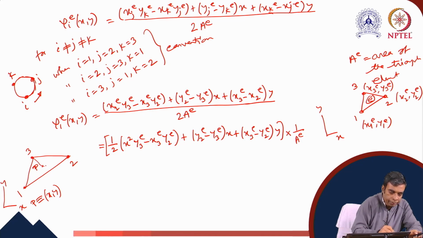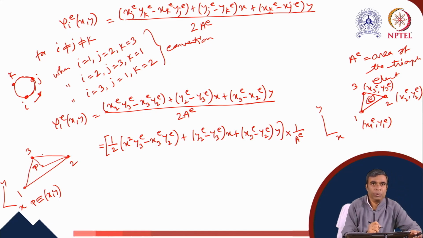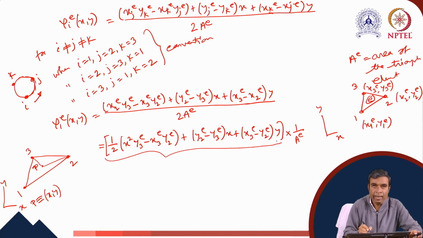Now this small triangle P23, the area of this triangle P23 is denoted by the highlighted portion.